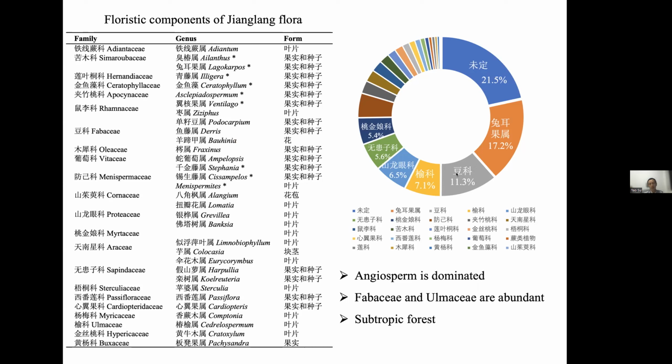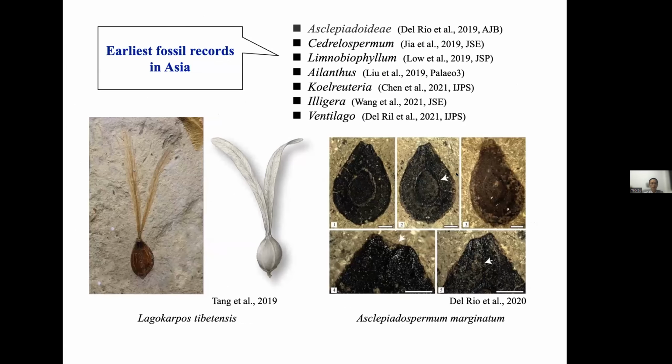Generally, the floristic components represent subtropical forest. Among these fossil species, there are some earliest fossil records in Asia, such as Ailanthus, Ungnadia, and Ventilago.